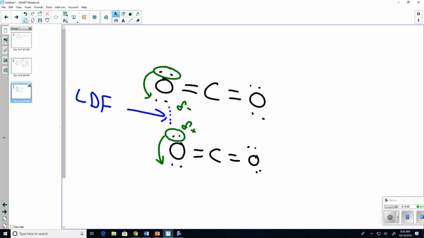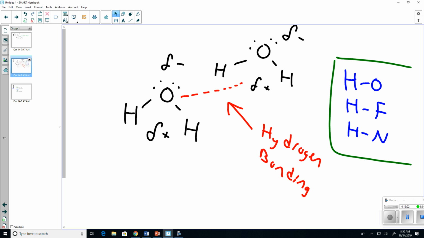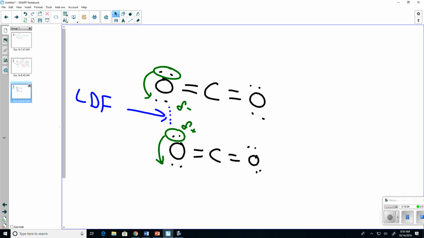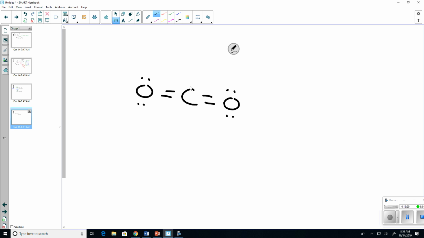So now we've covered dipole-dipole, hydrogen bonding, and London dispersion forces. Those are the three that we hit upon in Chem 1. Now let's move into the dipole-induced dipole. And I'm going to go back to carbon dioxide here. And water.